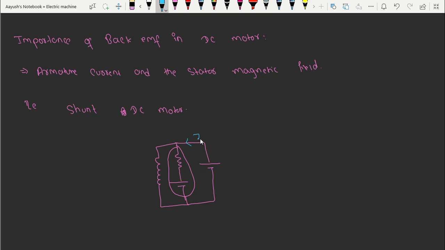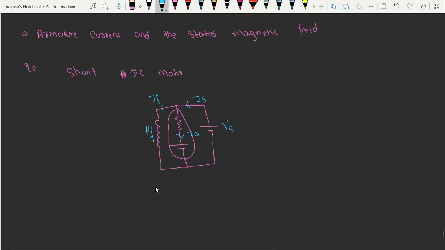The current flowing here will be IS, here is IA, here is IF, and this is RF. So this is the equivalent circuit diagram of the DC shunt motor.